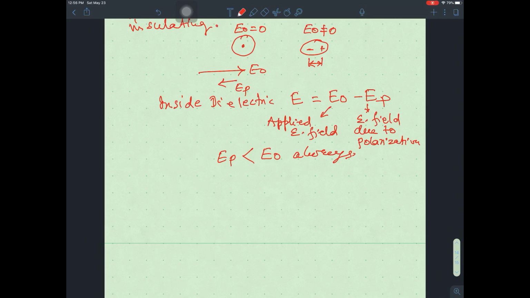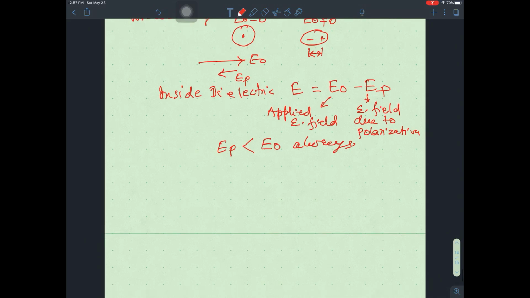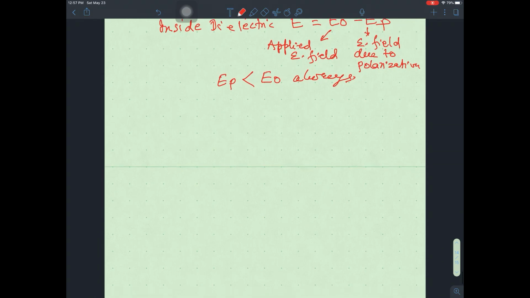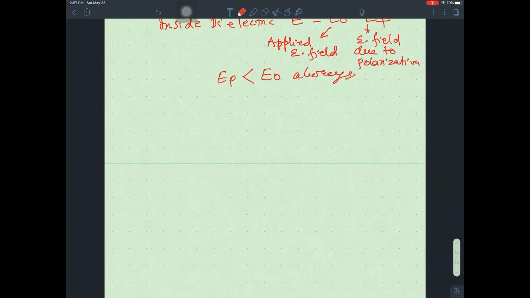So EP is always less than E naught. We can understand it in this way: E naught by E naught minus EP is always greater than or equal to 1, because the numerator is greater and the denominator is smaller.